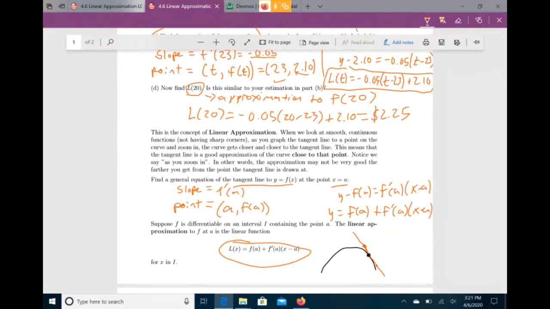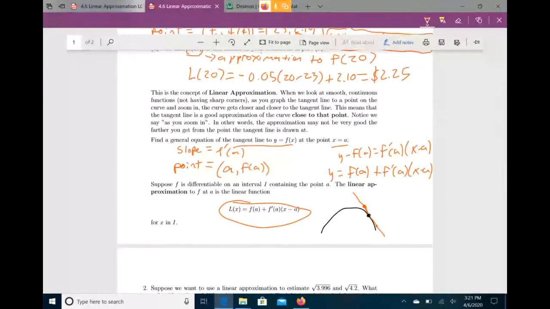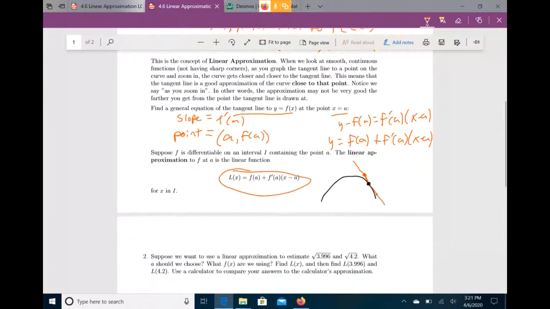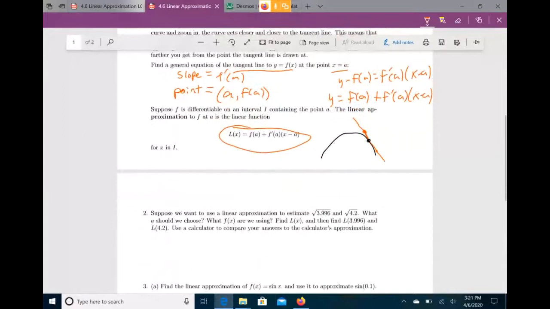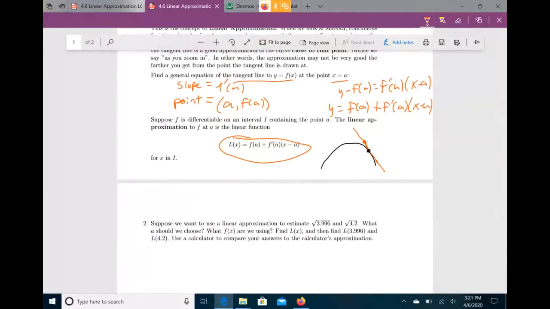We'll see how we can estimate certain square roots and stuff like that on the next page. Basically, the linear approximation really just means writing down the tangent line. Okay, so we'll see how to do that in the next example.